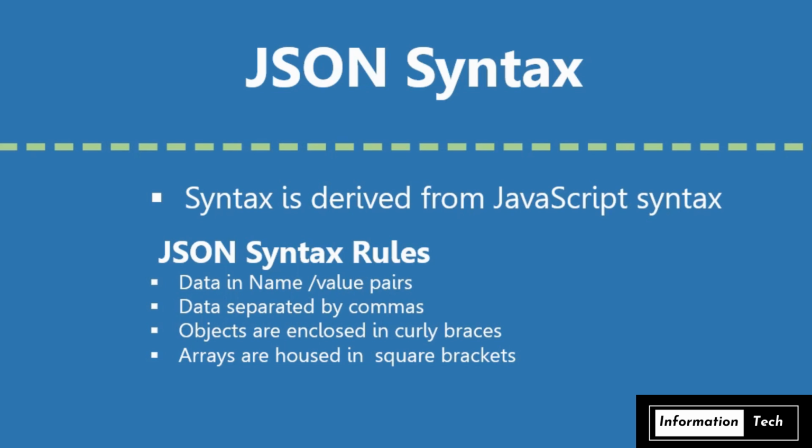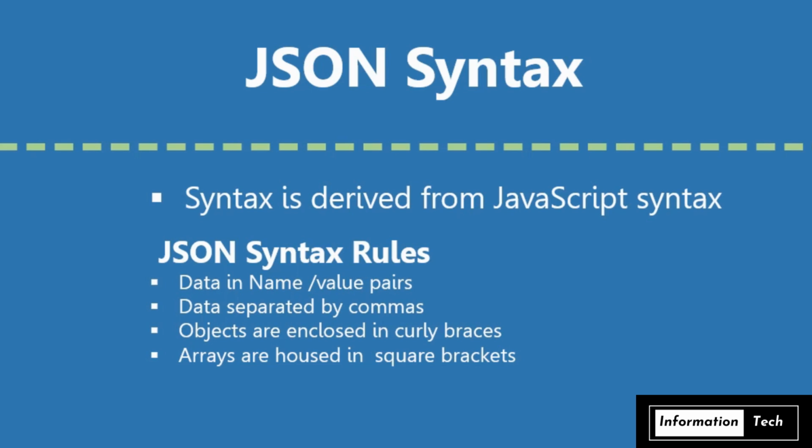The objects are enclosed in curly braces. So whereby you have objects defined in your JSON syntax, you must enclose them in curly braces. Arrays, whereby you use arrays to house your data, are enclosed in square brackets.